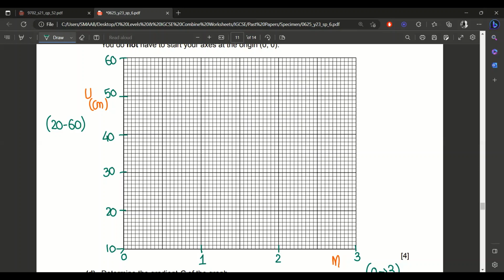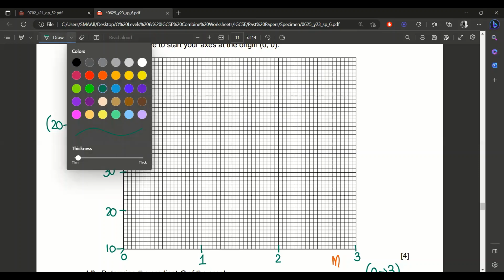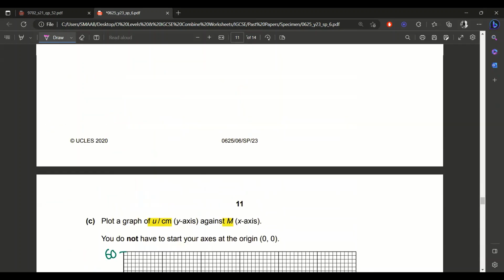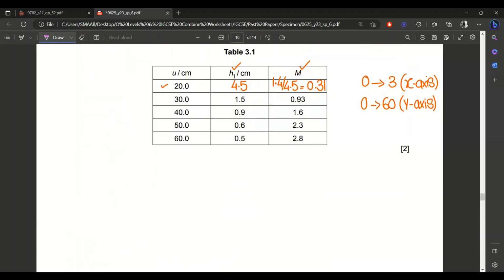So it is the distribution, and it's up to you how you divide the whole graph. But try to make it very easy for yourself, otherwise marking the values will get complicated because we also have to mark the values. So let's mark the values.